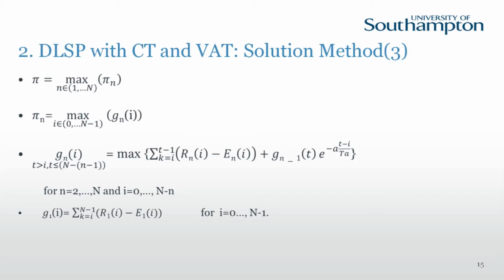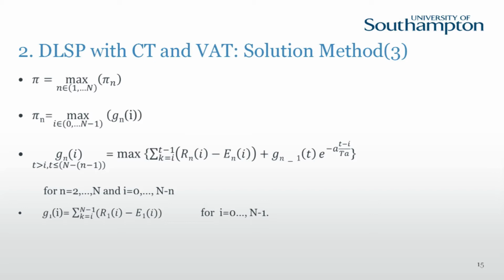The recursion function when n equals 1 is the revenue minus the expenses. Then we go from n equals 2 to n, and this value comes from this formulation multiplied by the time delay factors.